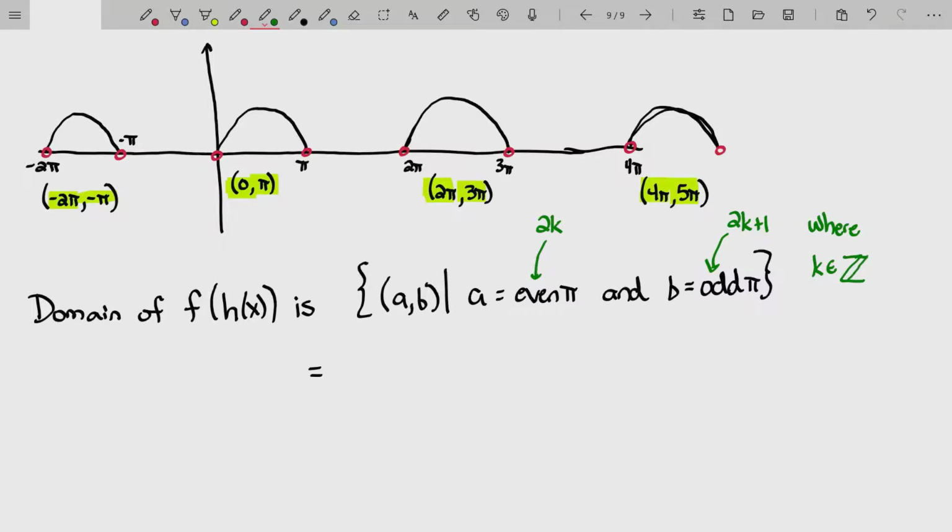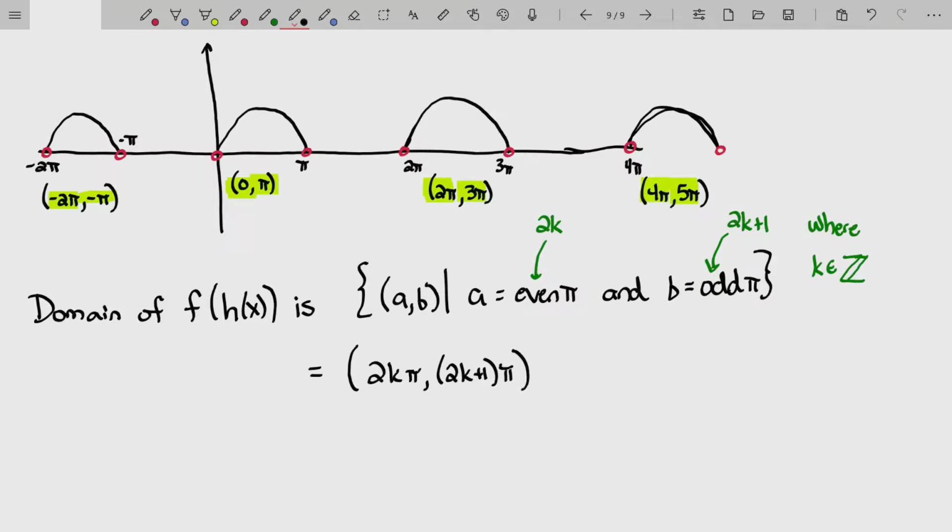So, a better way to write this is to say the domain of our composition is the set of all intervals where the intervals are 2k pi all the way up to the next odd number, 2k plus 1 pi.